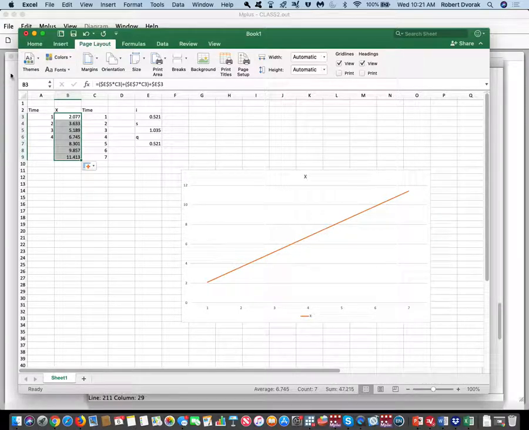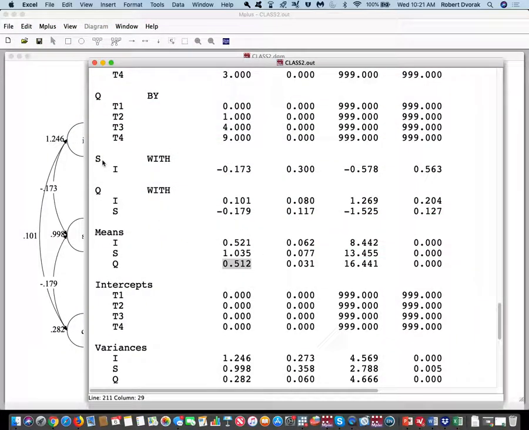Back to our model. We can see that our intercept at our 0 point is 0.521, our slope is 1.035, and our quadratic effect is 0.512. So that means at time point 2, what should our intercept be?